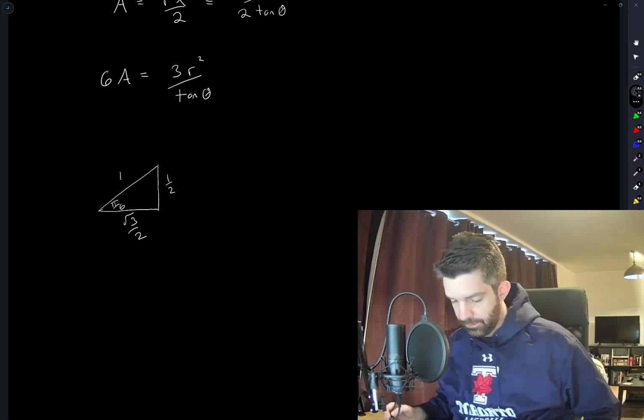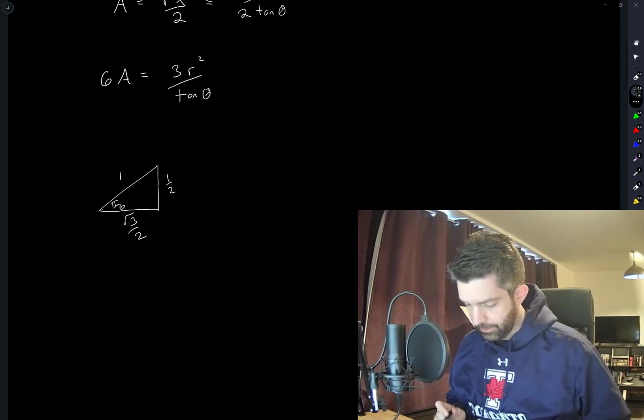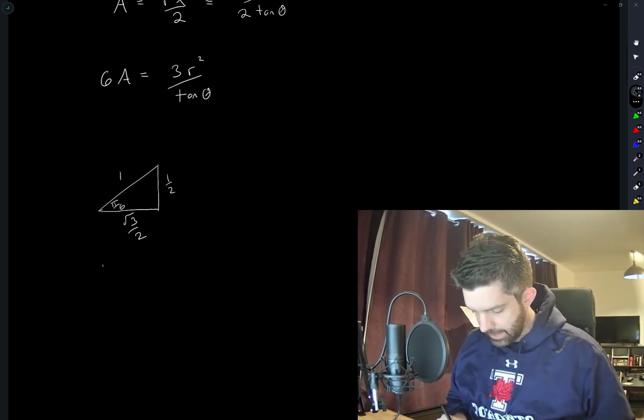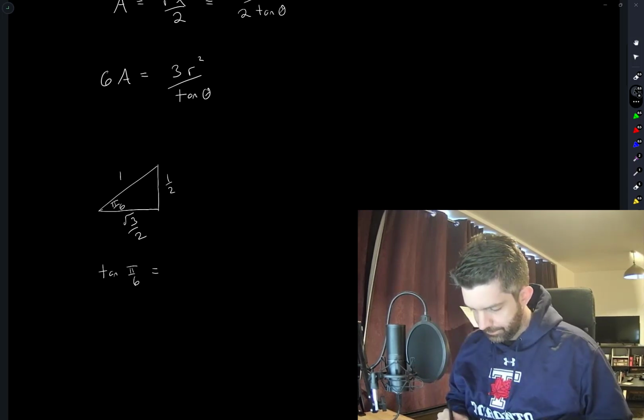Never know why these trig ratios take me so long to remember, but I think this is correct. So tan pi over 6 is equal to 1 over root 3.